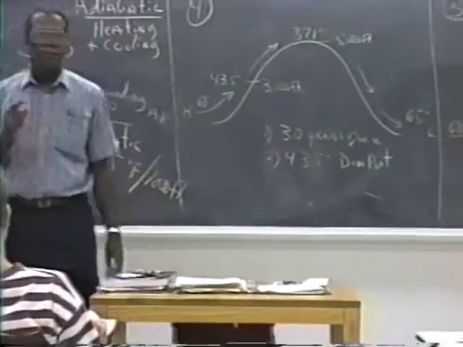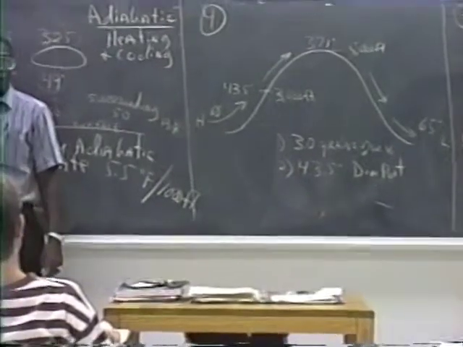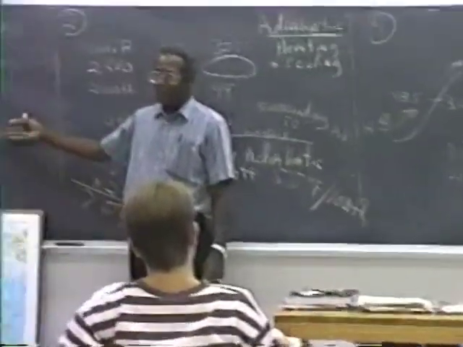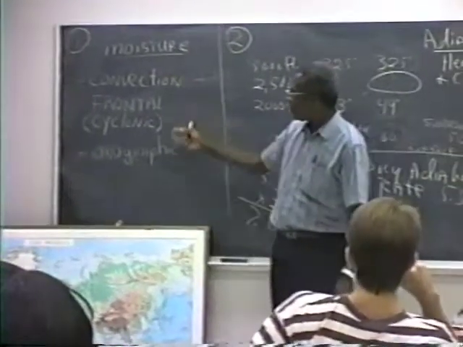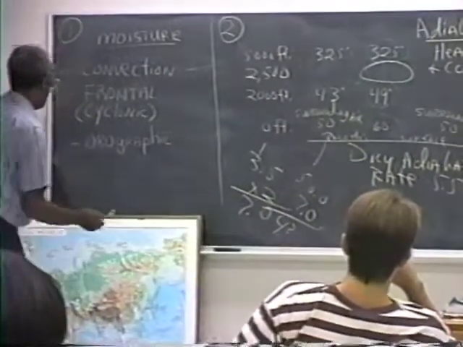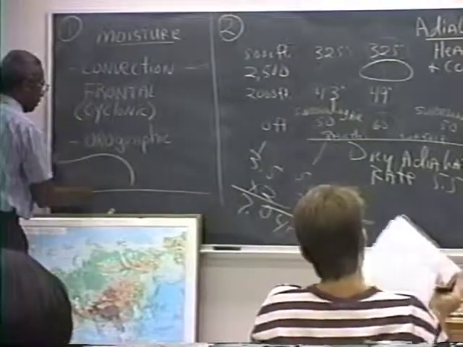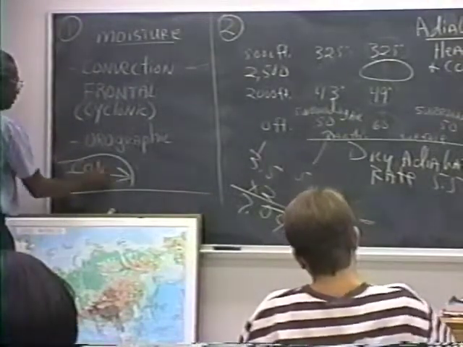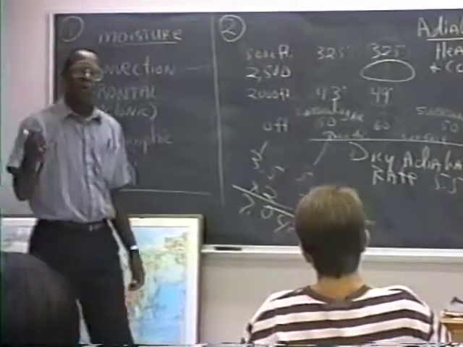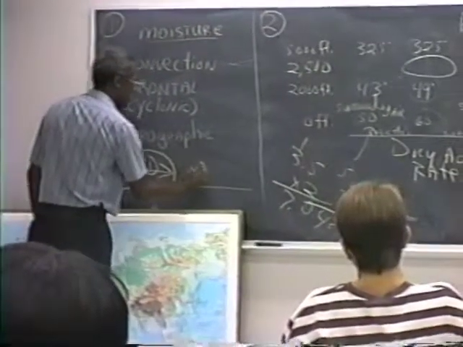We've already considered one way, that's convectional rising. But of course, there are 2 other ways that we've talked about, I believe. I think we talked about this last week. Frontal and orographic. Now, frontal, very briefly, is when you have a cold mass of air coming in like from the North Pole area. It's much colder than the air in front of it.